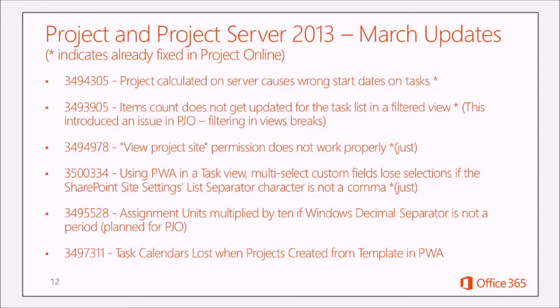Yes, certainly, Adrian. This is a fix we did a short while ago in Project Online, and it introduced an issue there. The basic scenario is that you've got a task list on your SharePoint site.